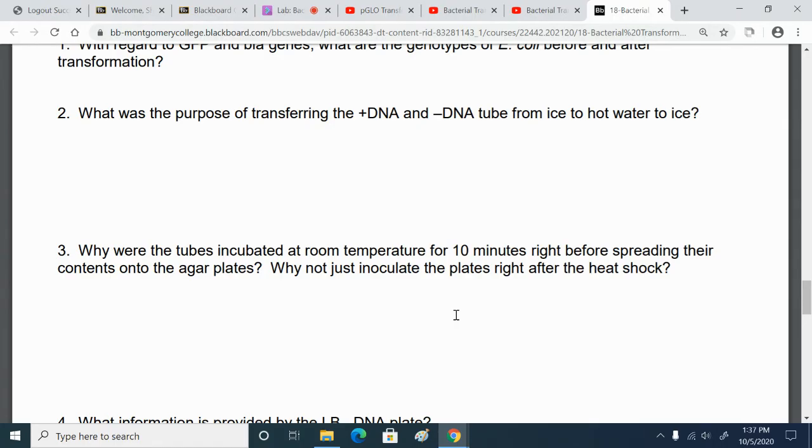If we simply spread the samples immediately after the heat shock, they haven't made any beta-lactamase. So we put them on the agar plates containing ampicillin, all the bacteria will die. So we have to give them food and time to transcribe and translate and make the beta-lactamase enzyme, so that when we spread them on the agar plates with ampicillin, the E. coli will survive and grow.